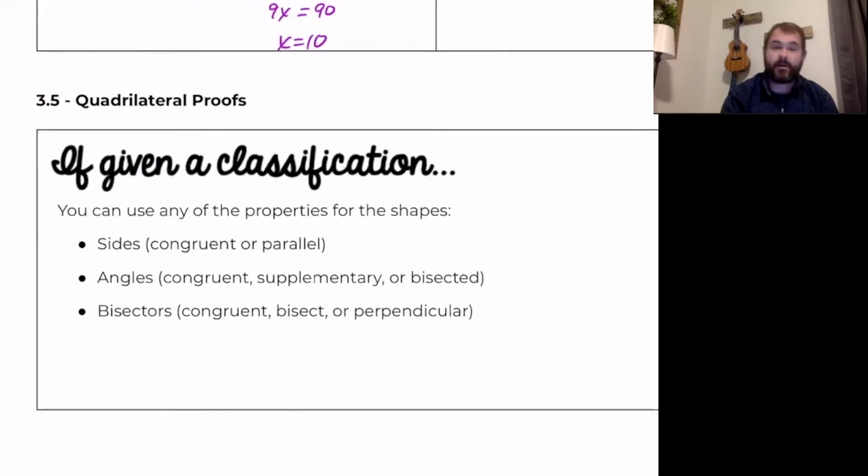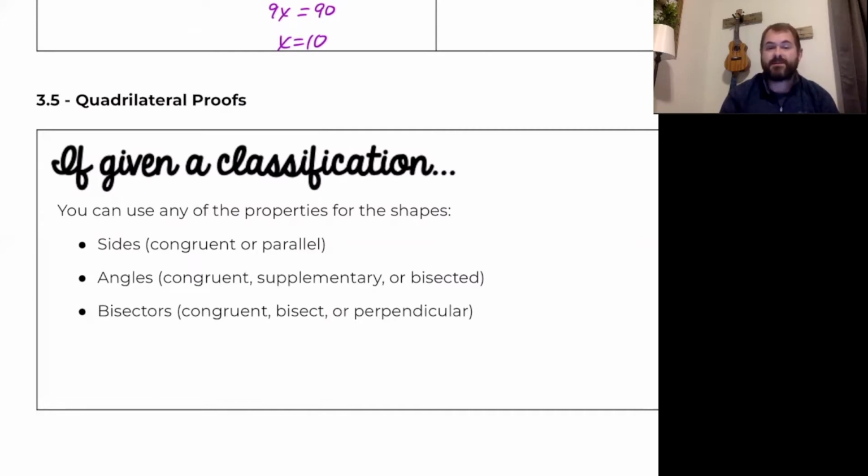So I want to start by reviewing some things and helping you remember that if you're given a classification of a parallelogram, rectangle, rhombus, or square, or even a trapezoid, you can use these properties of the shapes as reasons to state that things might be congruent. You can use the fact that sides are congruent or parallel. You can use the fact that angles are either congruent, supplementary, or maybe bisected.